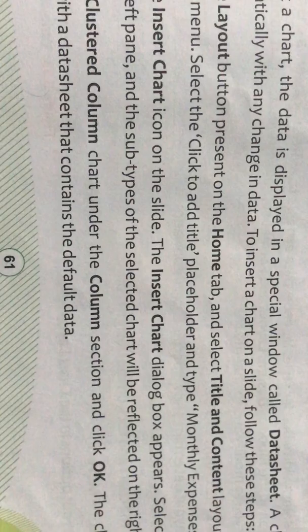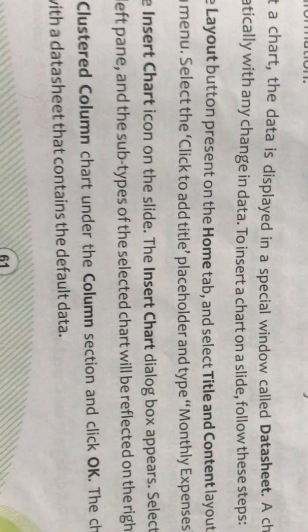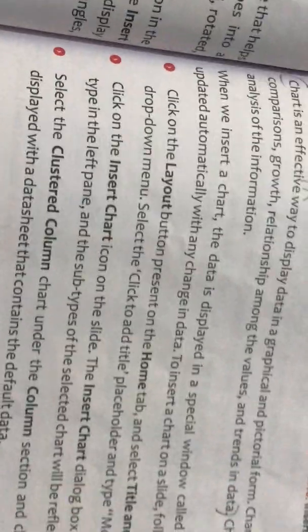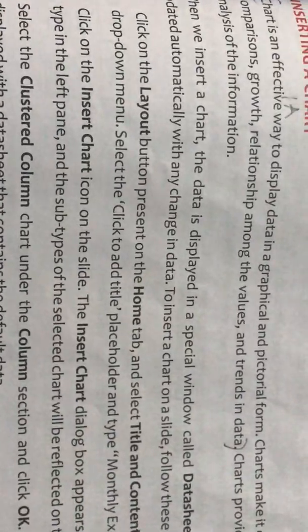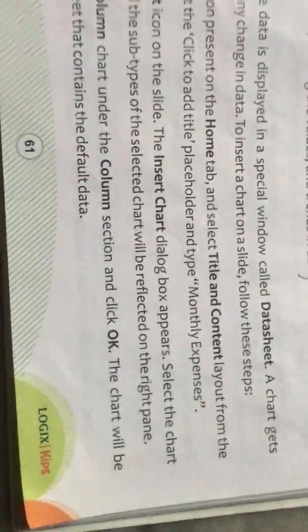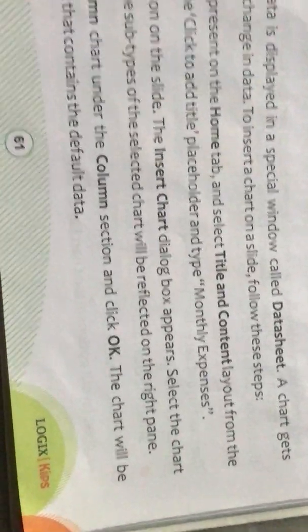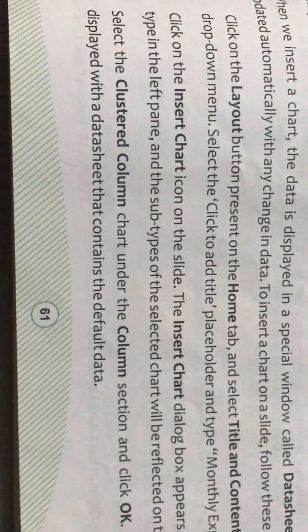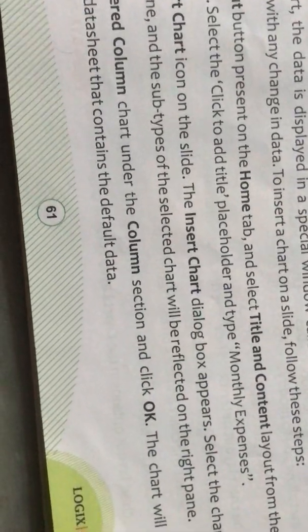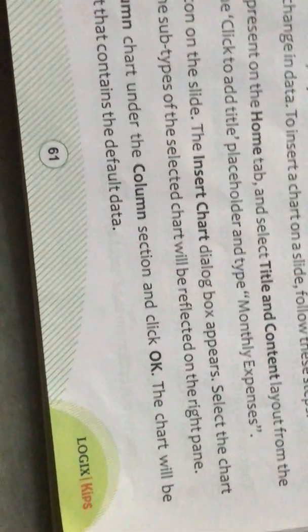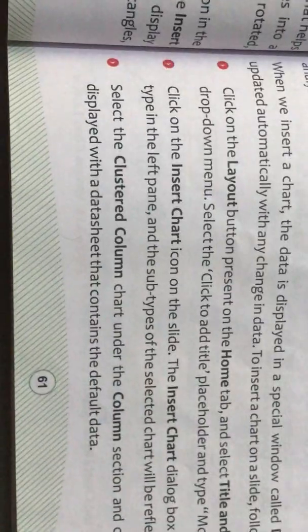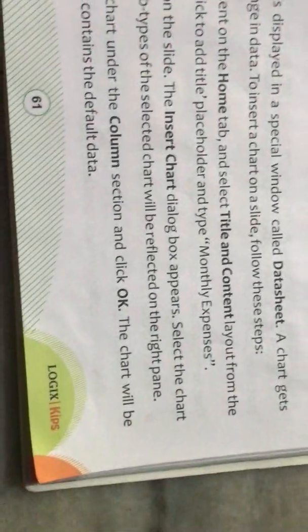To insert a chart on a slide, follow these steps. Click on the Layout button present on the Home tab and select Title and Content Layout from the drop-down menu. Select the Click to add title placeholder and type Monthly Expenses. Click on the Insert Chart icon on the slide. The Insert Chart dialog box appears.